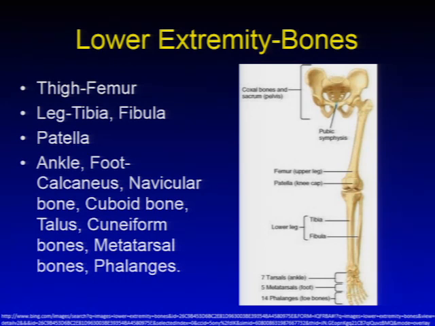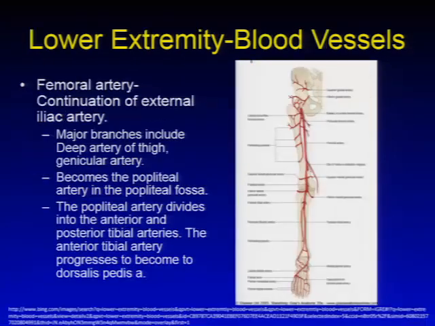Its major branches include the deep artery of the thigh and genicular artery. It becomes the popliteal artery in the popliteal fossa. The popliteal artery divides into the anterior and posterior tibial arteries. The anterior tibial artery progresses to become the dorsalis pedis artery.